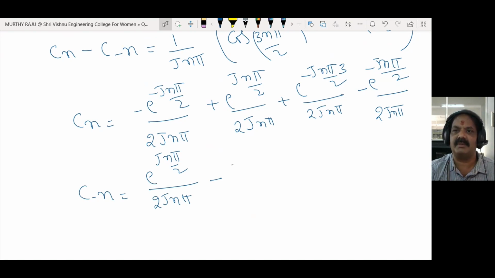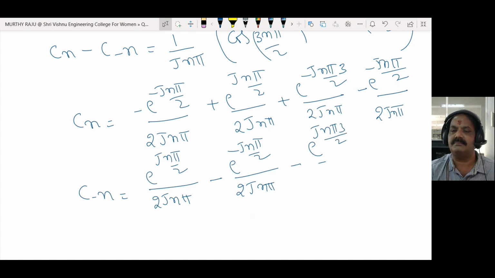Here n is replaced with minus n, e power j n pi by 2 by 2j n pi. Here n is replaced with minus n, e power minus j n pi by 2 by 2j n pi. Here n is replaced with minus n, e power j 3 n pi by 2 by 2j n pi.